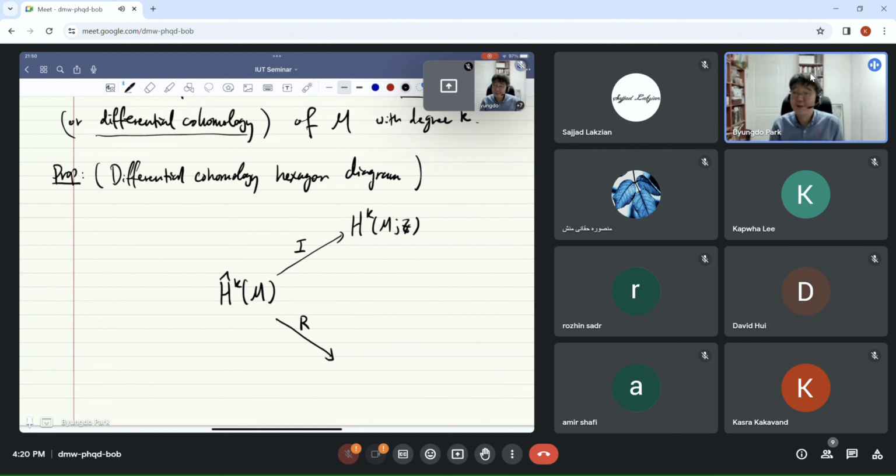For example, if you have a line bundle, then it gives you the curvature form. So it lands in degree k closed forms on M with integral periods. That's why I introduced this notation.